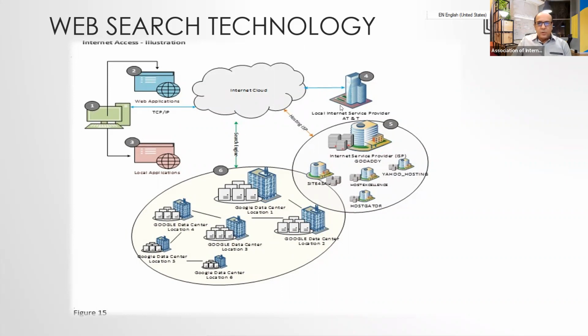So we've got 1, 2, 3, 4, 5, 6, and anything that is placed inside of the circle is basically talking about an environment that pertains to the number 5. Same thing with number 6.